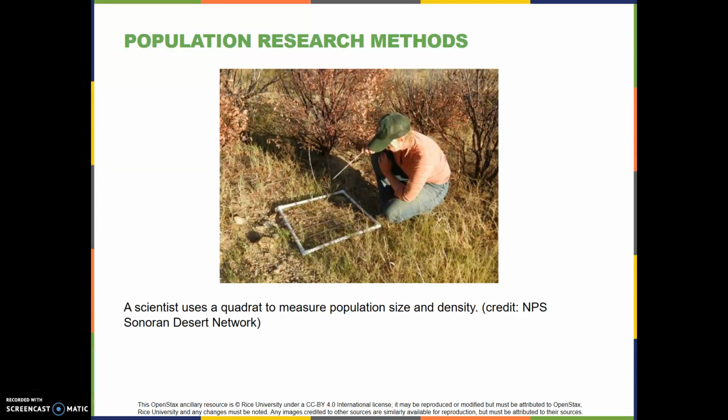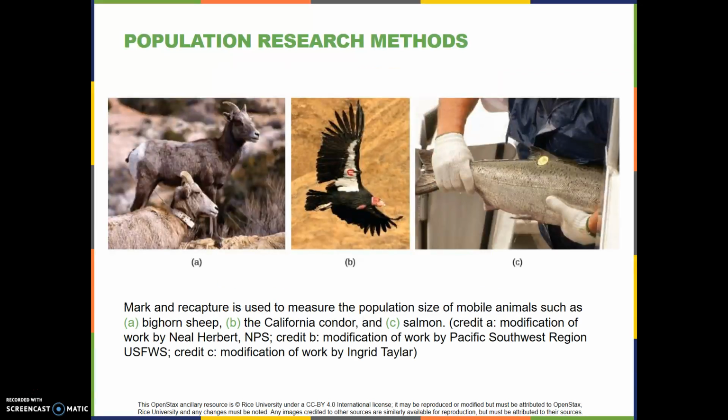This is a picture of a man that's using a quadrat to measure population size and density. You obviously can't just count all the individuals in an area. So you use different methods to estimate the number of individuals in an area.